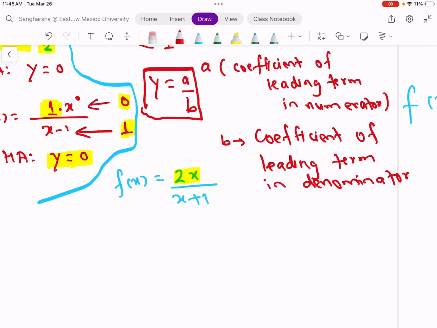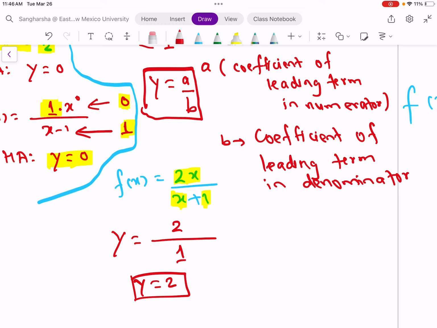So our horizontal asymptote is y equals 2 divided by, in the denominator, which term is the leading term? x or 1? x has a degree 1, 1 has a degree 0, and the term with the highest degree is the leading term, and its coefficient is 1. So 2 over 1, which is y equals 2, is the horizontal asymptote.